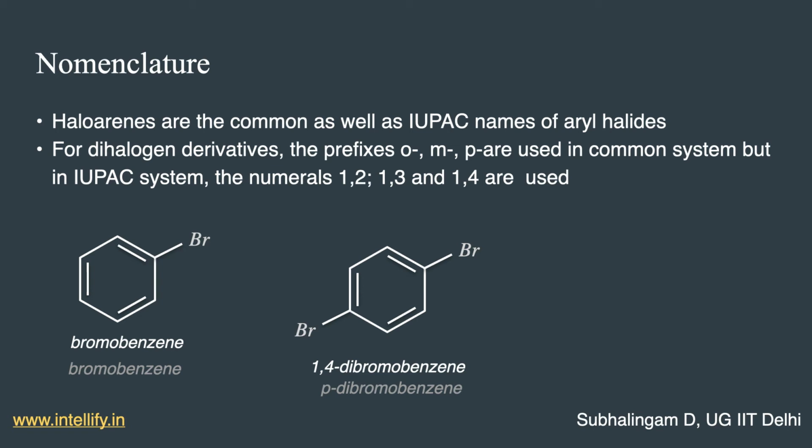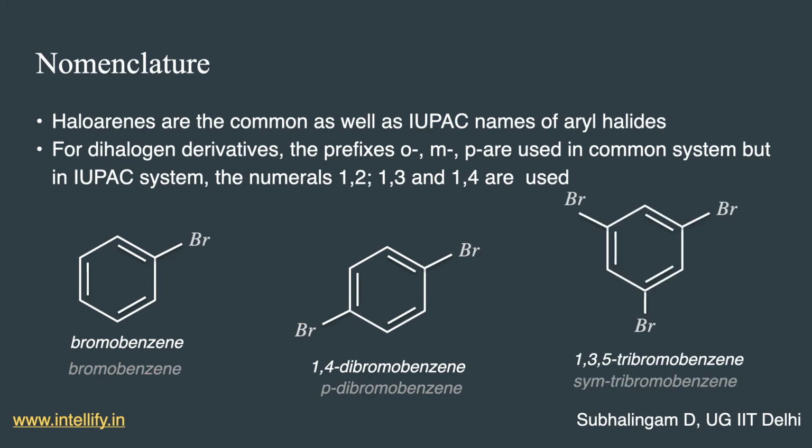But in IUPAC, we respect numbers and say it as 1,4-dibromobenzene. And we have this thrice substituted benzene, where in common name, in layman terms, we say it's symmetric tribromobenzene because the substitution is symmetric. But in IUPAC nomenclature, we say it as 1,3,5-tribromobenzene.